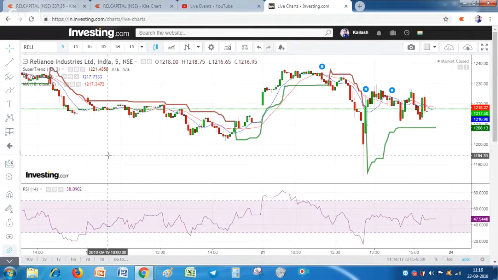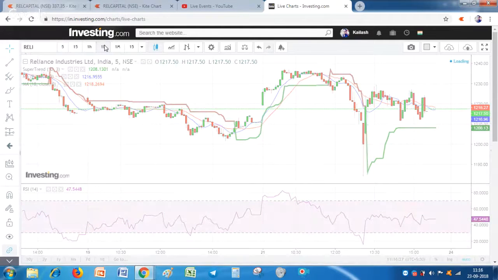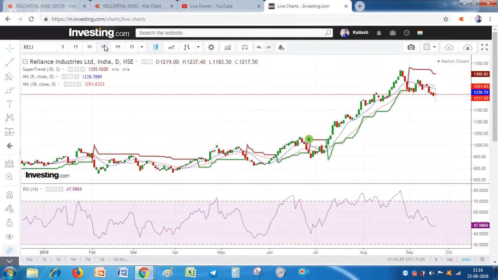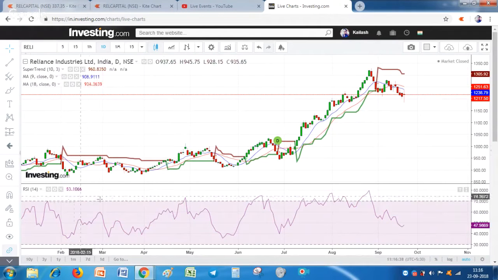It tells us where we should buy and sell. For intraday, the 5 minutes time frame is quite reliable. But if we want to use this indicator for positional trading, then we should check it in the daily time frame. If we want to go for positional trades, we can make use of this indicator for them. And if we add RSI also, that would be more confirmation.